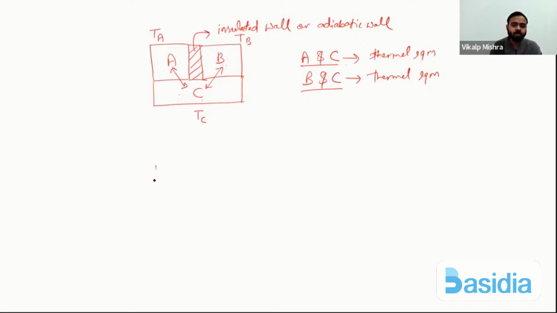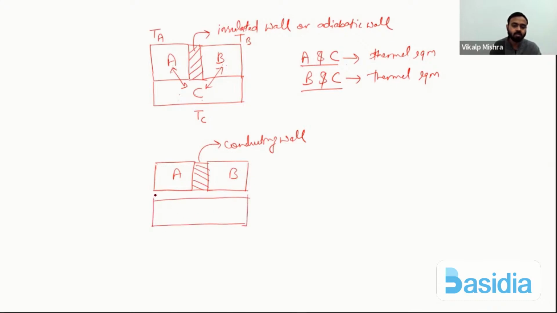Now what we will do, we will replace that insulated wall between A and B with a conducting wall. That means there can be heat transfer from A to B. And between A and C and B and C we have inserted an insulated wall.